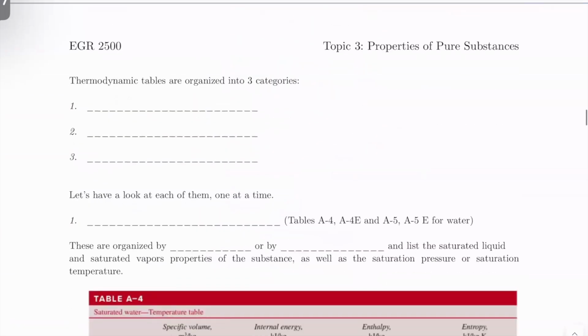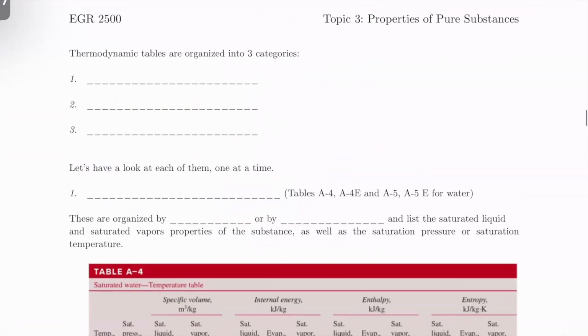So we have 3 categories of thermodynamic tables that are going to be connected to what state we're in. The first one is called a saturated liquid-vapor table.